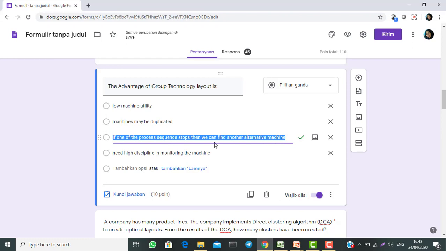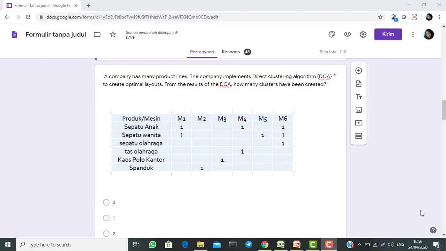So in this statement, we can assume that this layout will have double machines that have the same functions. So if a machine stops, we can use another machine that has the same function and the same operations. Okay, let's move to the next question.